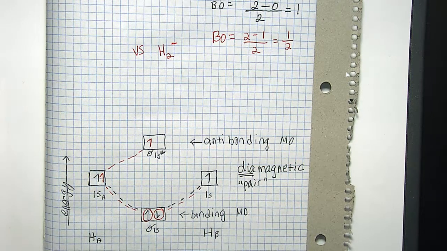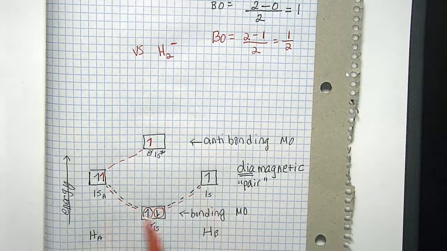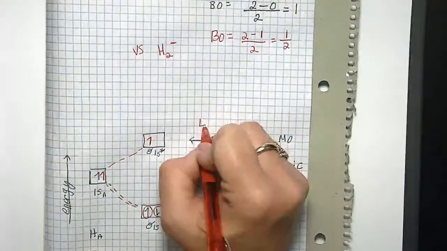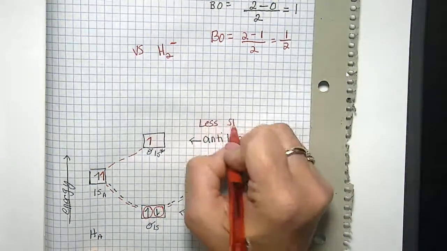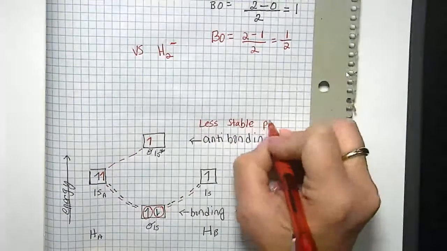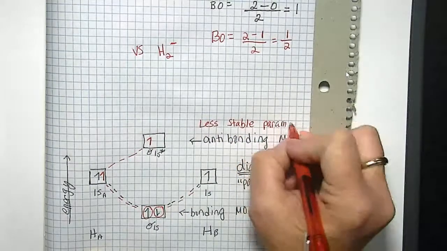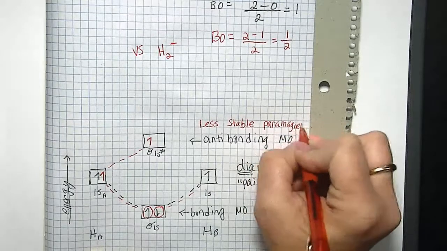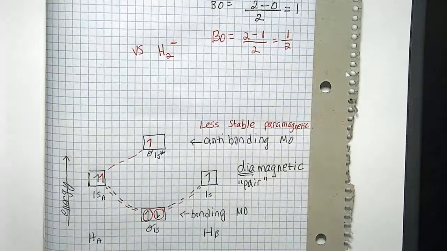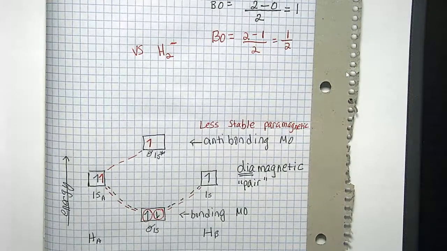Okay, so when I look at this, I go from being pretty stable diamagnetic to now less stable paramagnetic. Okay, it's paramagnetic because there's one that doesn't have a pair.